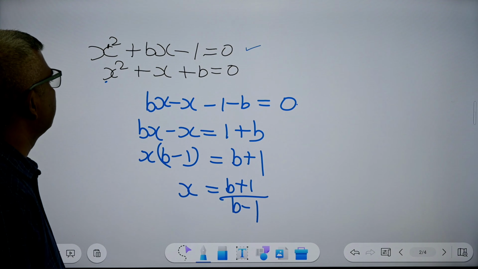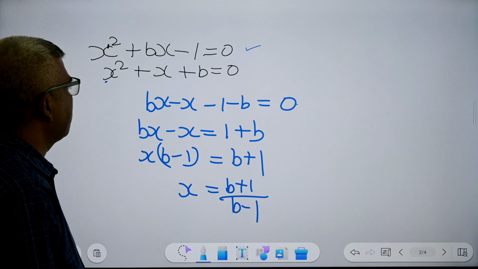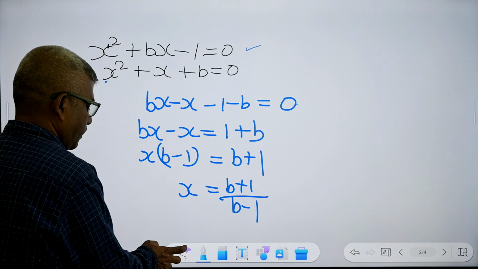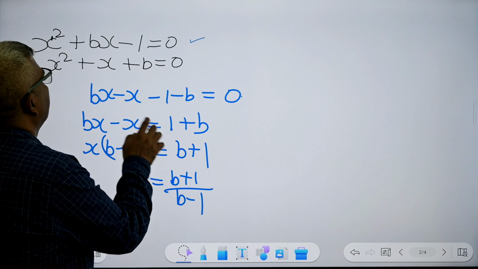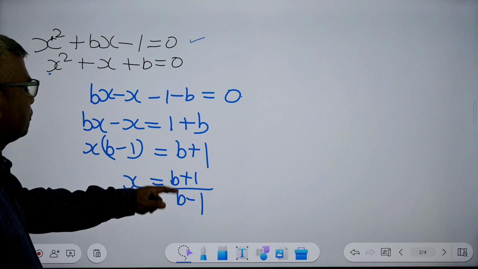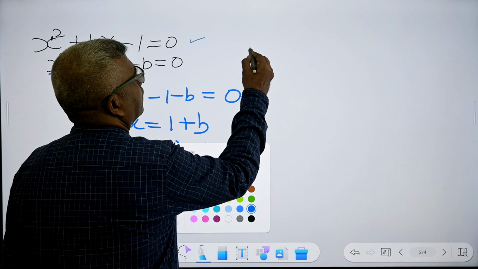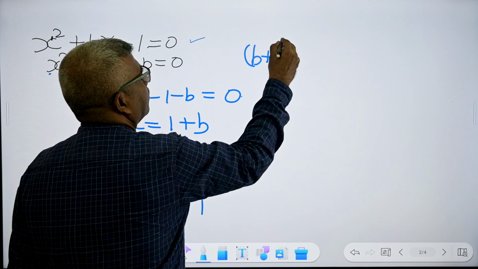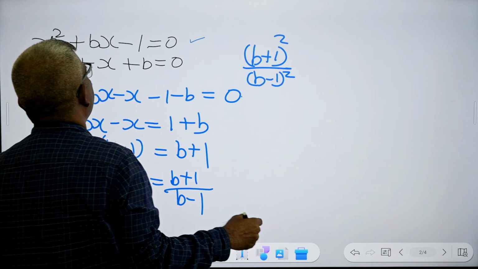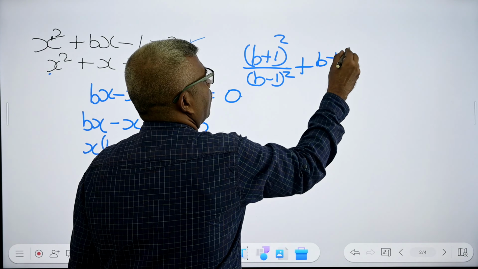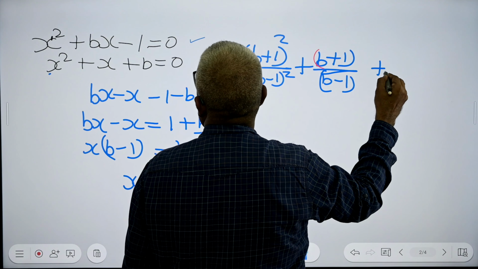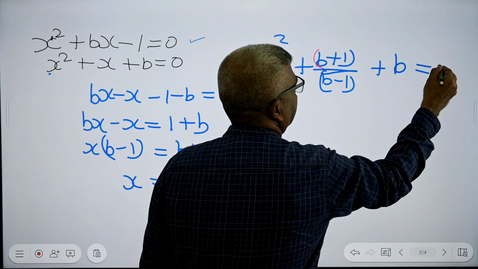What did we find? x is equal to b plus 1 over b minus 1. You substitute this value in any one of the equations. Okay, I am substituting in equation 2. What is x? x is b plus 1 over b minus 1. So x squared, b plus 1 over b minus 1 whole square, plus x, b plus 1 over b minus 1, plus b is equal to 0.